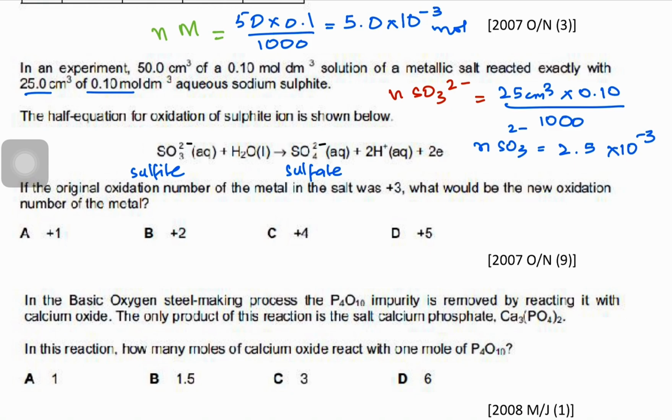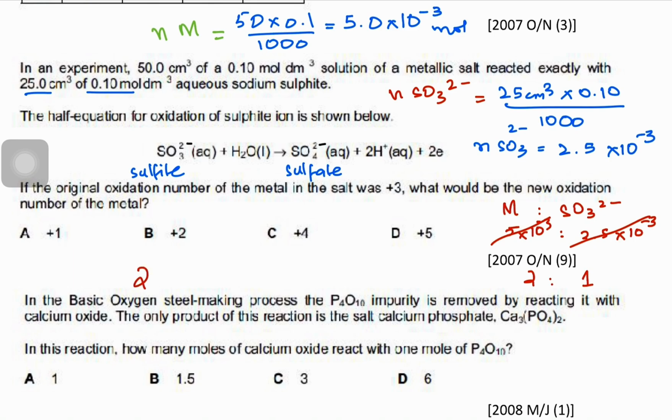You need to take the mole ratios here. So the mole ratio between metal and sulfite is 5 × 10^-3 and 2.5 × 10^-3. It turns out to be 2:1. So 2 moles of metal were needed and 1 mole of sulfite. Now what's important?